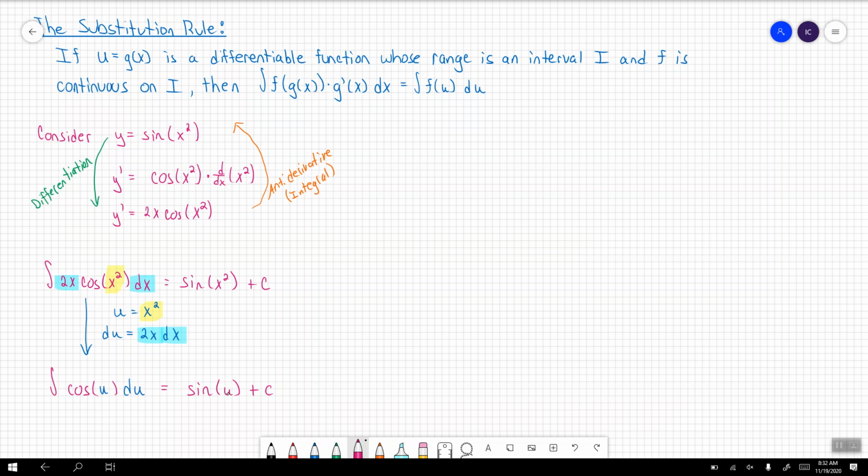What is the u substitution that we initially made? That was x squared, which means we get sine of x squared plus c. Notice we got the same answer.